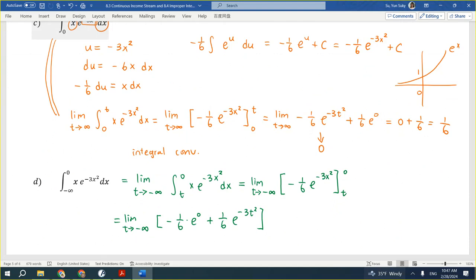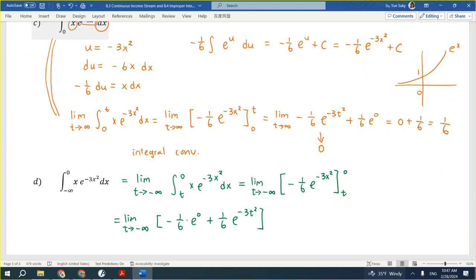When t goes to minus infinity, t squared becomes positive infinity. The minus 3t squared goes to negative infinity.